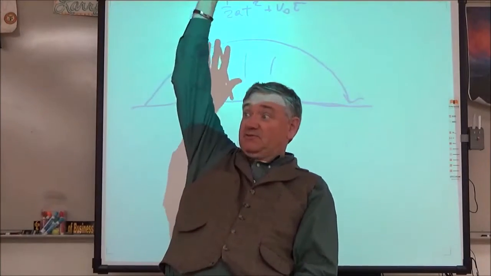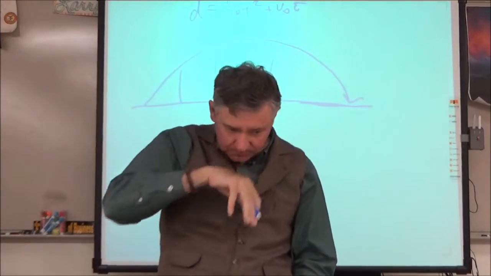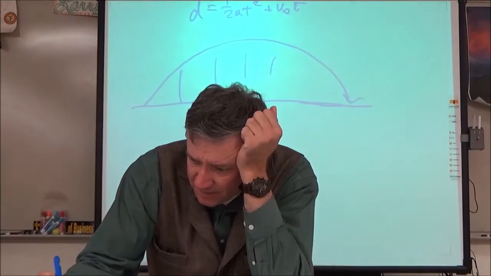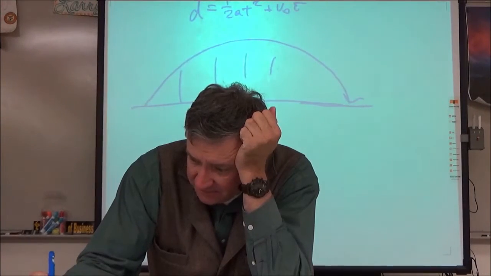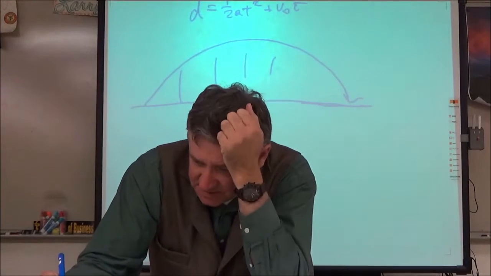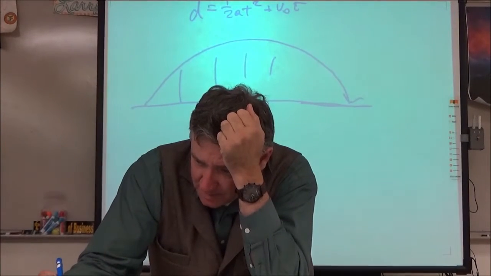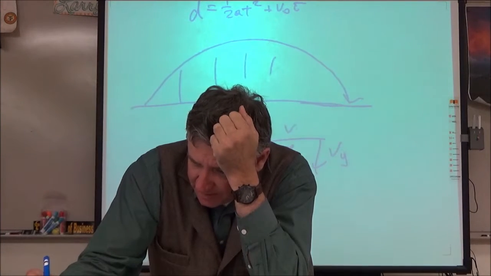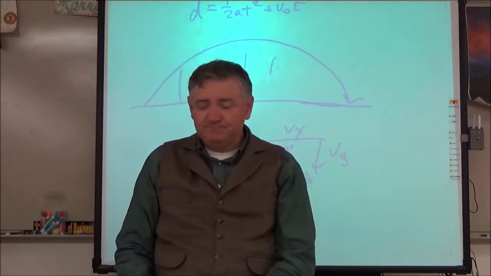You're told that when the ball crosses that threshold, it has a speed, which is just the number, of 36 meters per second at an angle of 28 degrees. The first thing you need to do is break that into Vy and Vx.